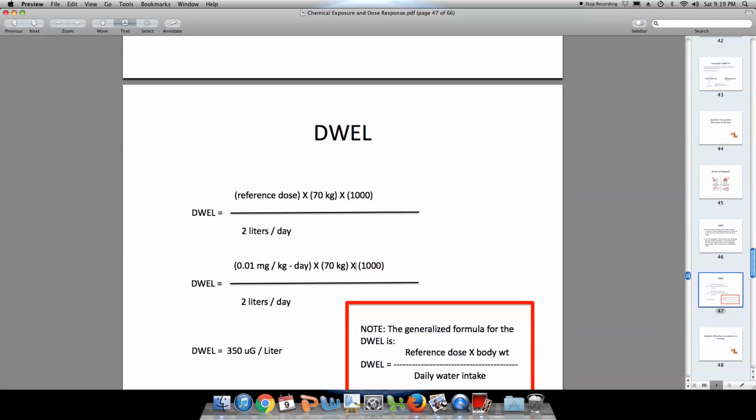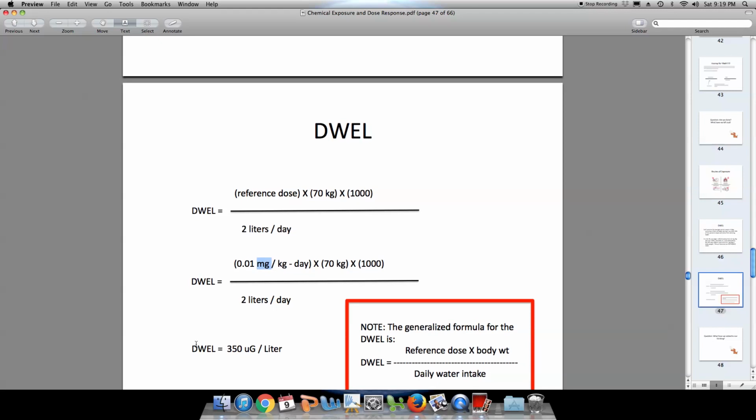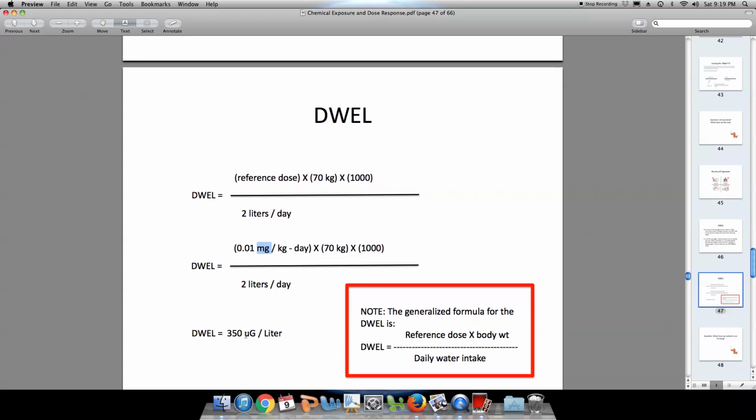Now, this 1,000 here is a conversion factor to go from units of milligrams per liter to units of micrograms per liter, because there are 1,000 micrograms in every milligram. Now, we could, of course, publish a drinking water exposure limit in units of milligrams per liter or parts per million, but most people prefer to work in units of micrograms per liter or parts per billion.